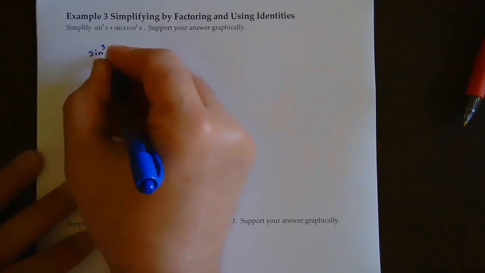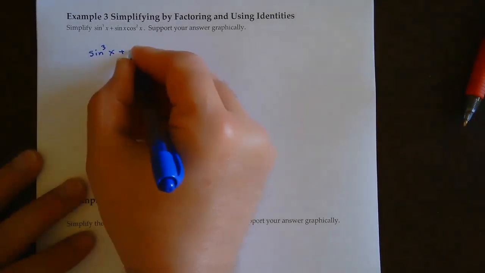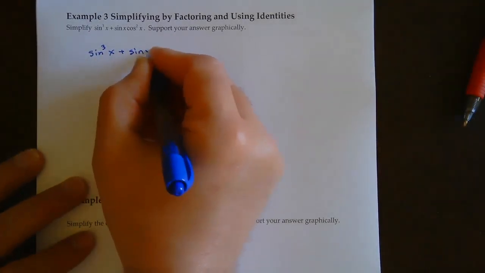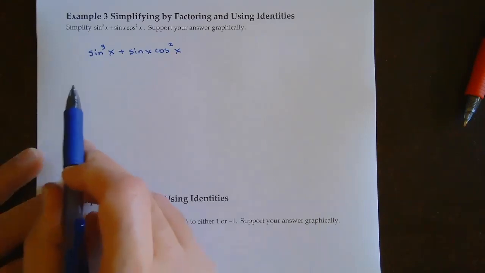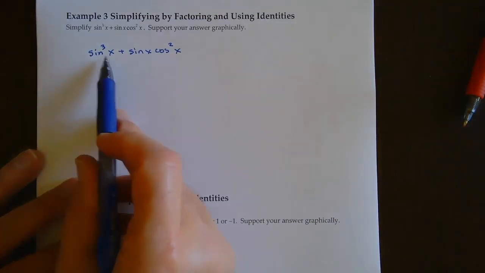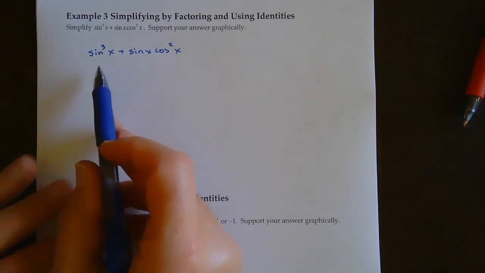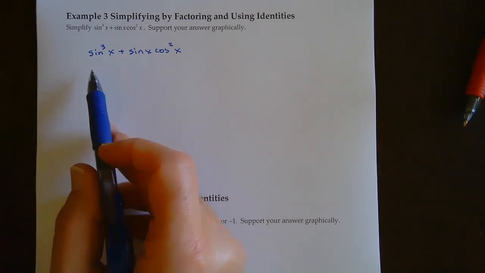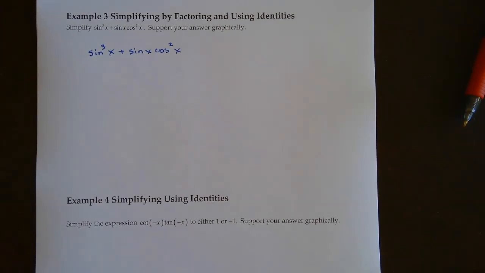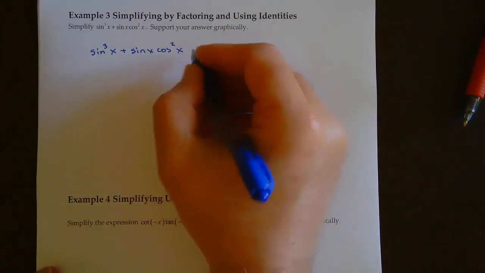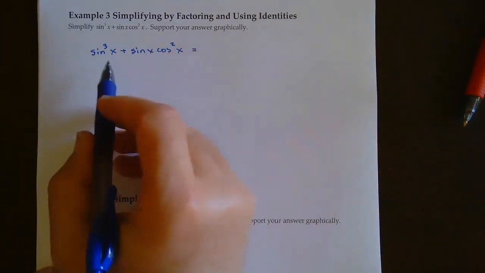So sine cubed x plus sine of x cosine squared x. What does sine cubed x mean? When you see this, it really means sine x times sine x times sine x, three of them in a row. So what that means is I could break this up.